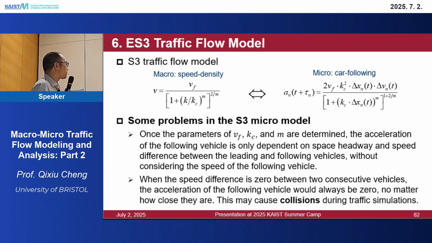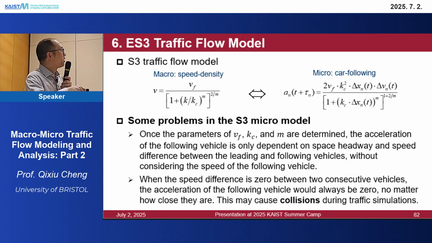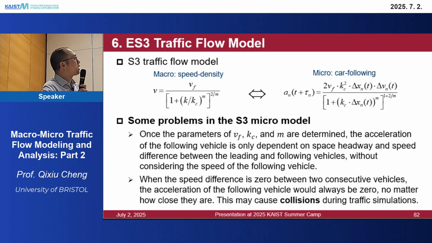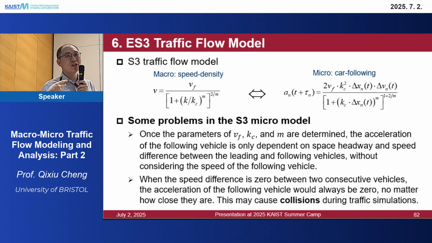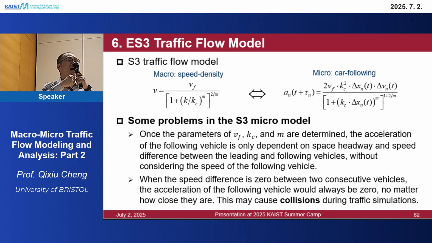Okay, now think about this case. When delta v is 0, which means the speed difference is 0, two vehicles keep the same speed running on the road. In this case, because delta v is 0, the acceleration will always be 0, no matter how close or how far they are.